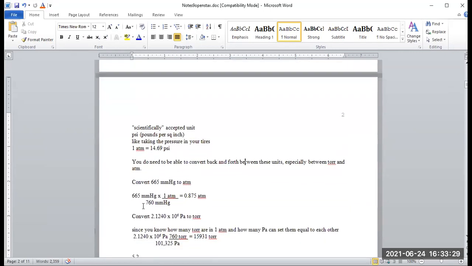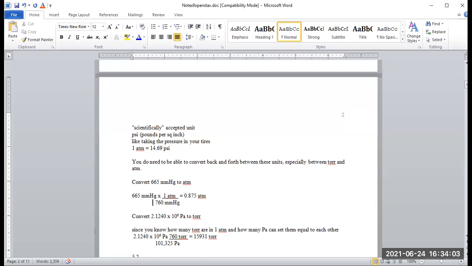All right, how about some conversions? We need to swing back to some of the things that got touched on in the first chapter in terms of how you're doing your conversions. If we want to go from 665 millimeters of mercury over to atmospheres, remember, the thing you are looking for goes on top.